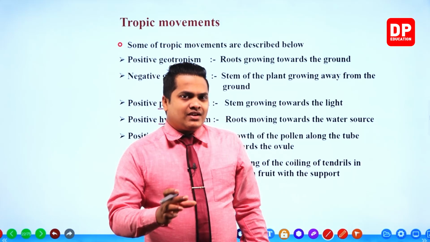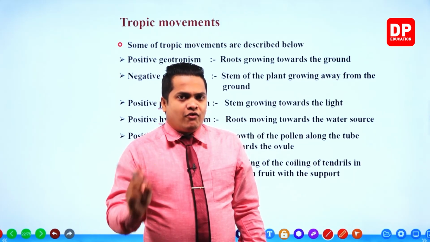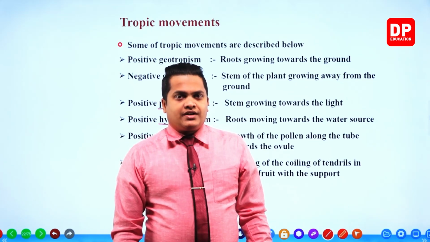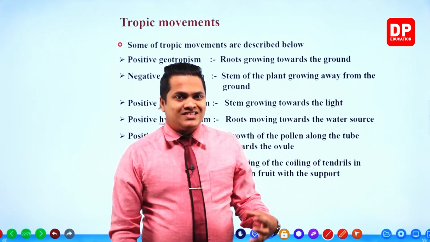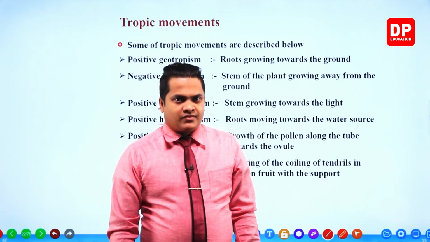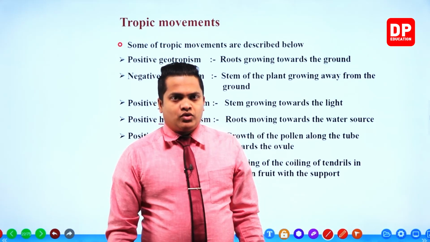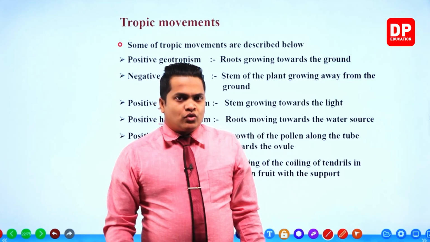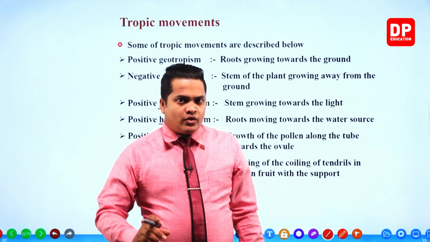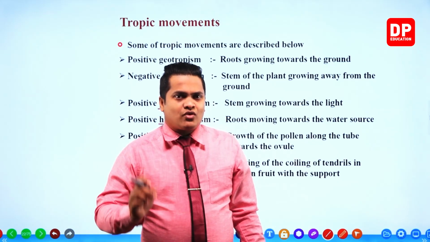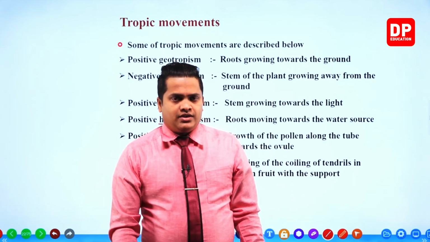So what are the components that seek water within a plant? It's the root. The root of the plant is the one which seeks water. You know that root hairs are the ones which absorb water for the plant. So the root of the plant is always growing towards the water.